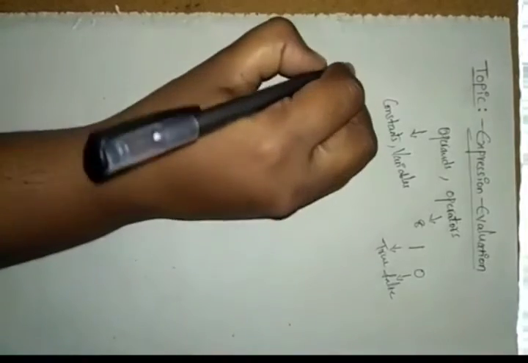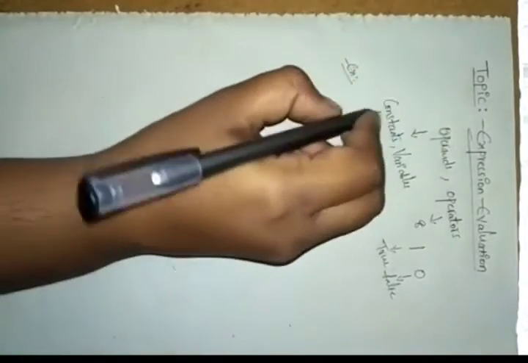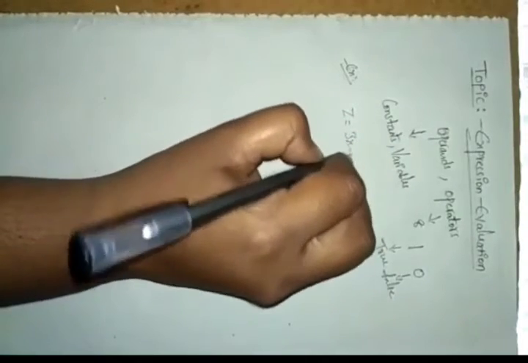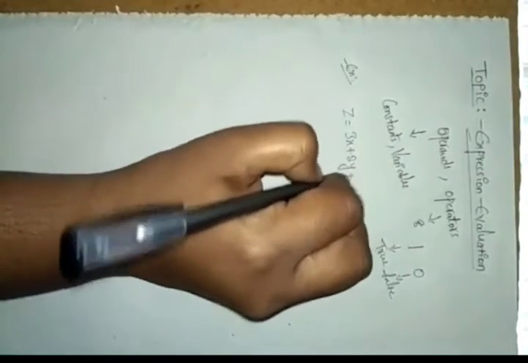If we take some valid expressions, we can understand how you get the expressions and how you evaluate them. Just see these examples. First, I am taking z equals 3x plus 2y plus dx.